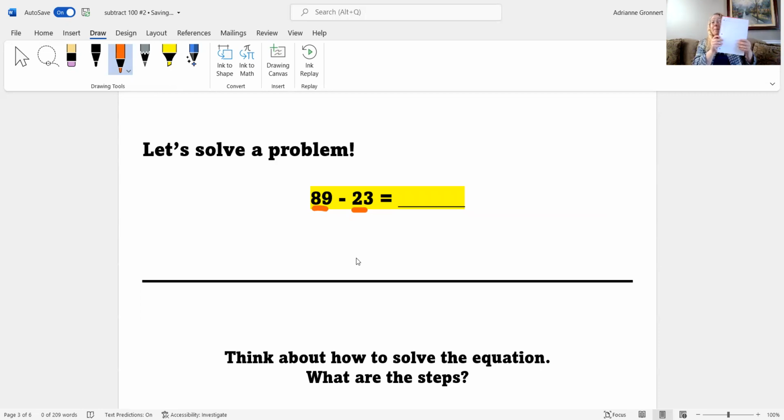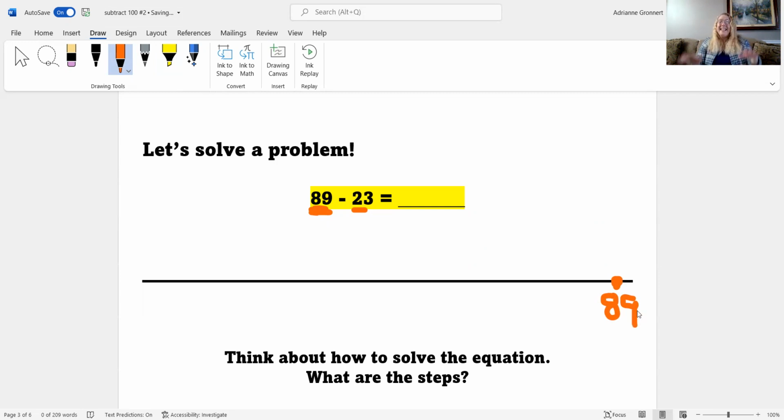Then we mark a dot and write the number 89. That's right, or the minuend. That's the minuend right there. So I'm going to mark that with the number 89 at the end of my number line. Good. Let's do that here too. 89. Okay, now think about what I need to do next.